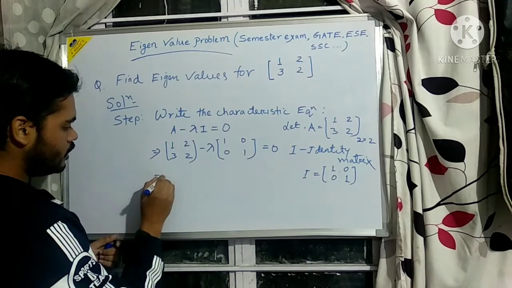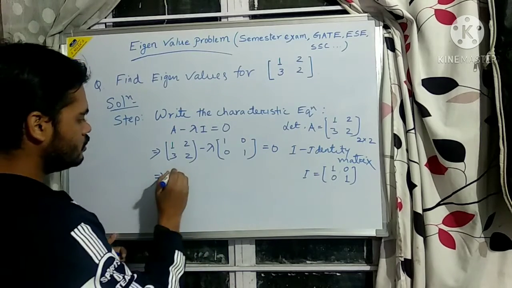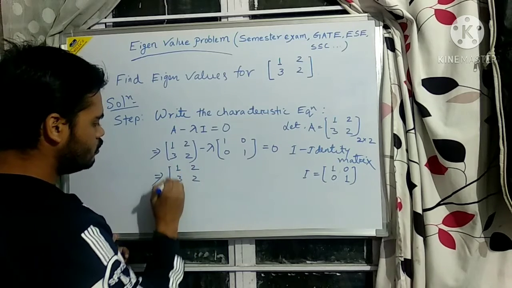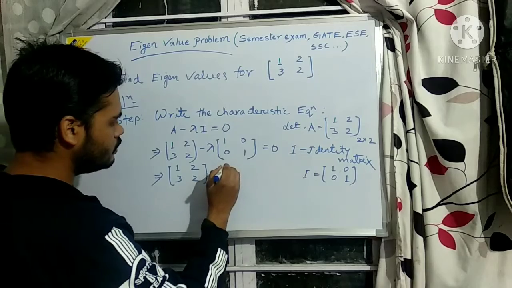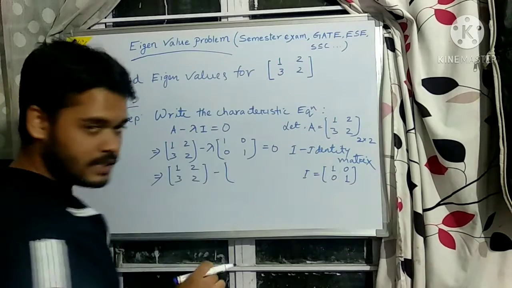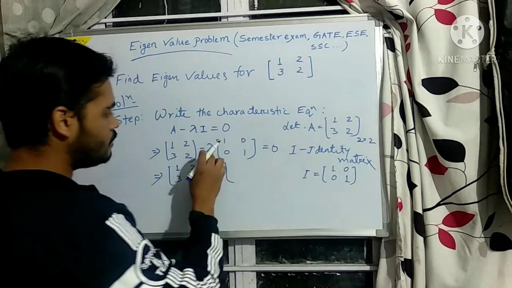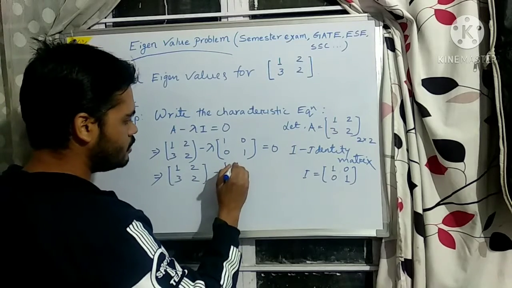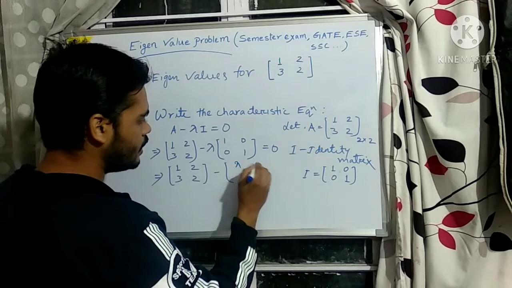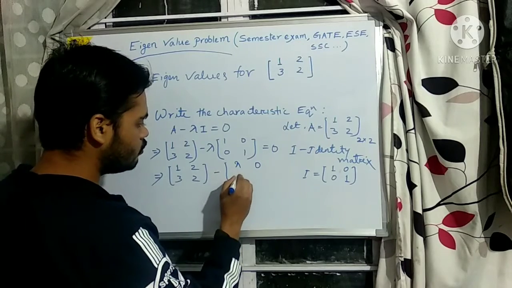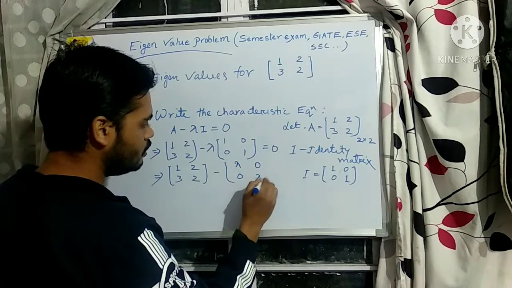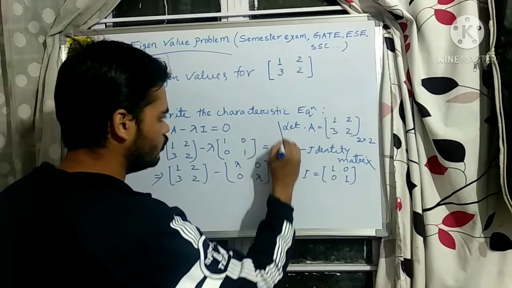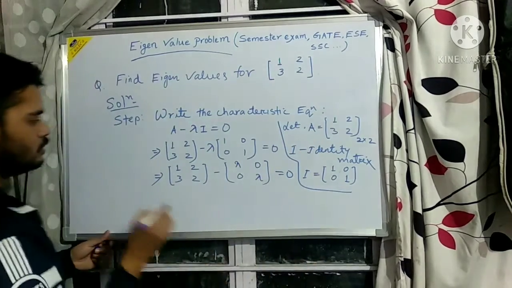I hope you are getting my process. So this will be simply 1 2 3 2 minus, since lambda is a scalar quantity, if we multiply lambda with this identity matrix, this will be simply lambda 0 0 lambda, equal to 0.